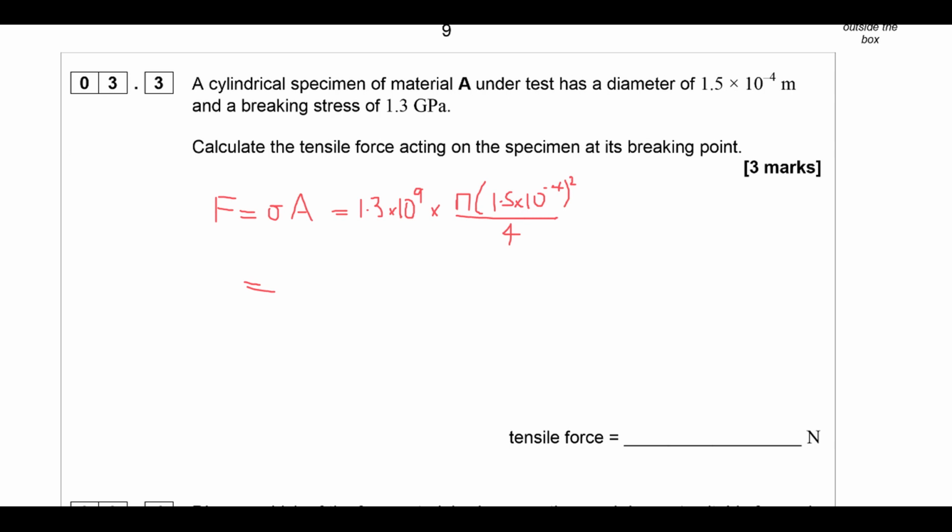So 1.5 times 10 to the minus 4 squared times pi divided by 4 times 1.3 times 10 to the 9 gives you 22.97 and so on. That's effectively 23 newtons to 2 significant figures, which is appropriate here.